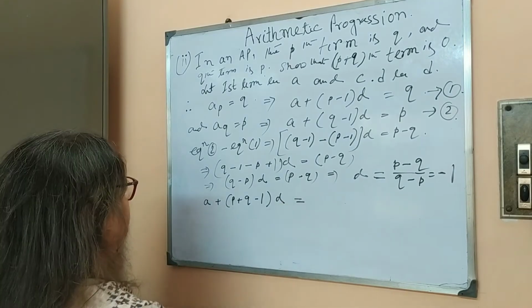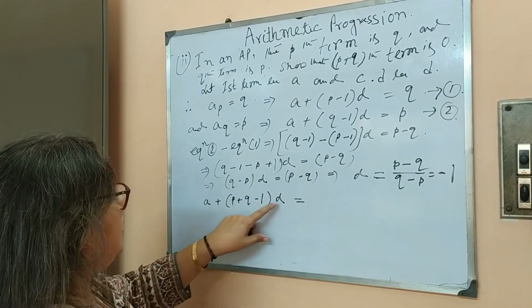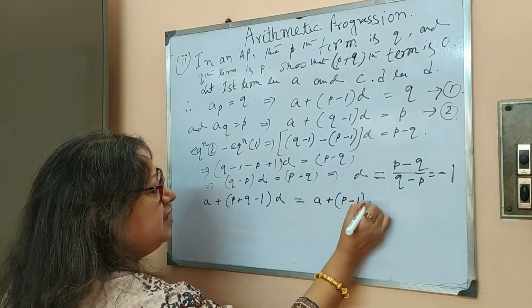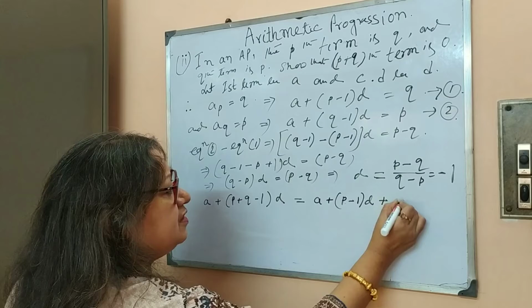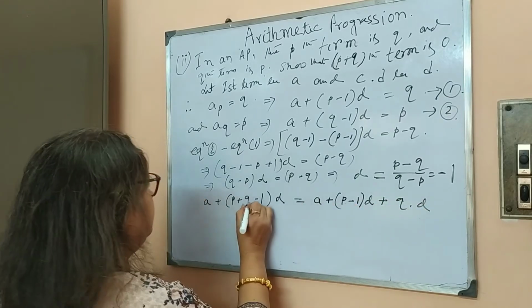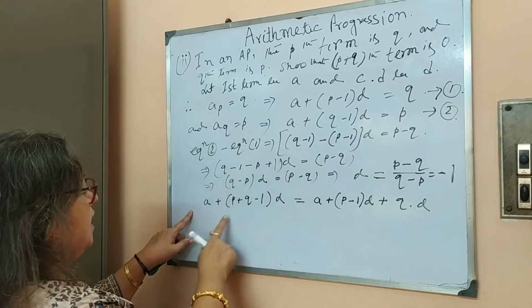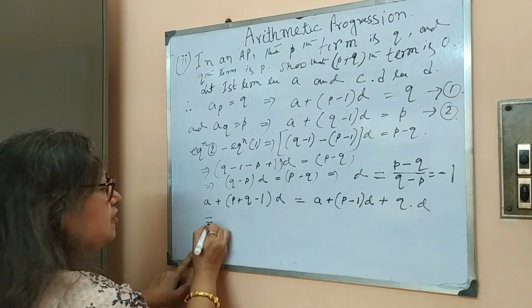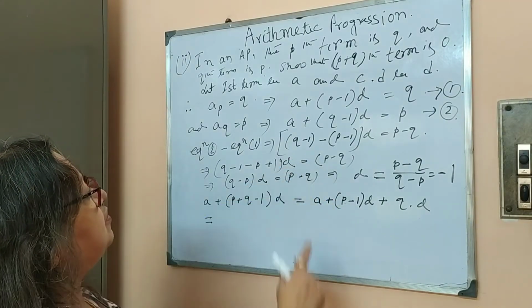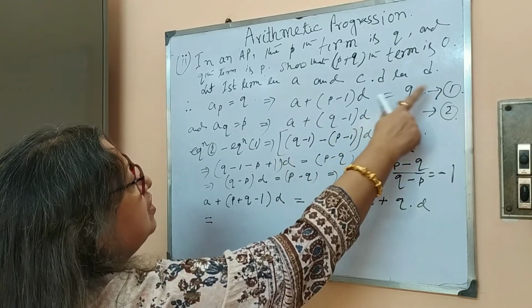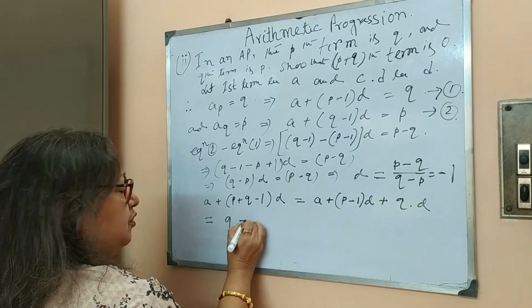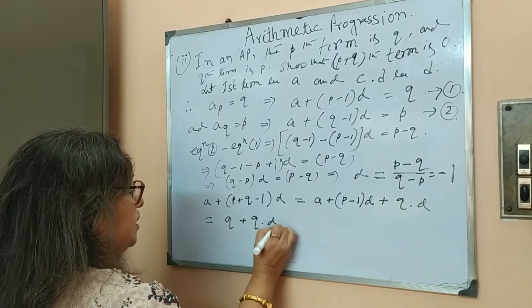That is equal to a plus p minus 1 into d plus q into d. Okay. This is equal to a plus p minus 1 into d, which is q from equation 1, plus q into d. That is equal to q plus q into d.